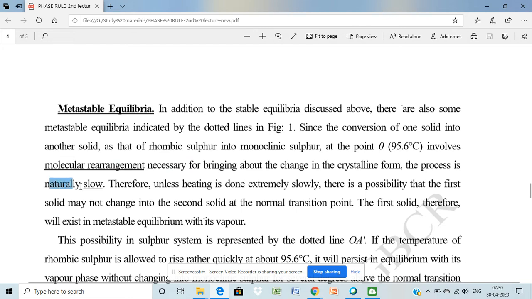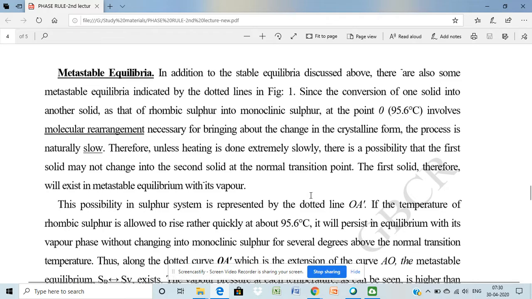So this must be the process to attain the metastable state. Unless heating is done extremely slowly, and the words extremely slowly must be followed, only then can we convert the rhombic sulfur to the other one, the vapor phase.